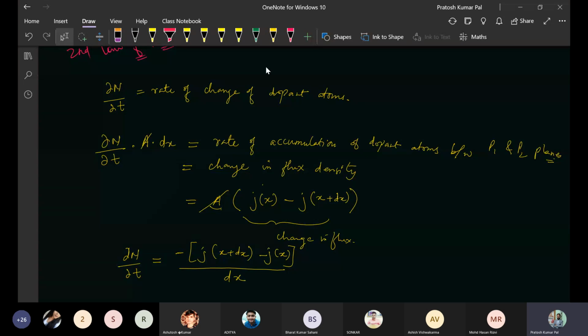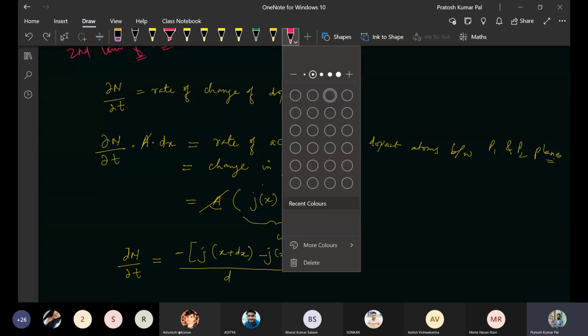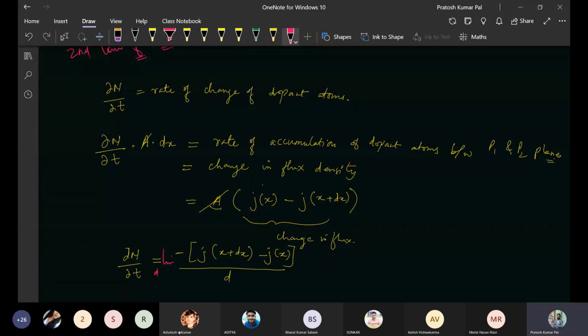If we take the limit as dx tends to 0, then the equation is converted to delta n divided by delta t equals minus delta J divided by delta x.